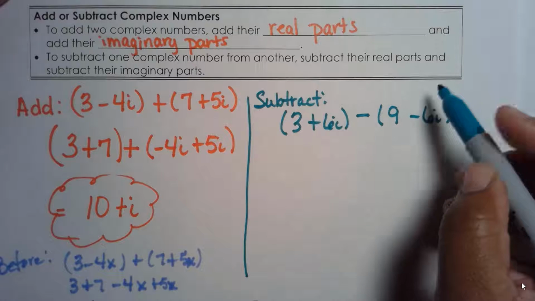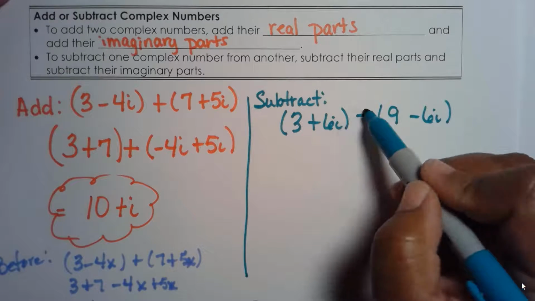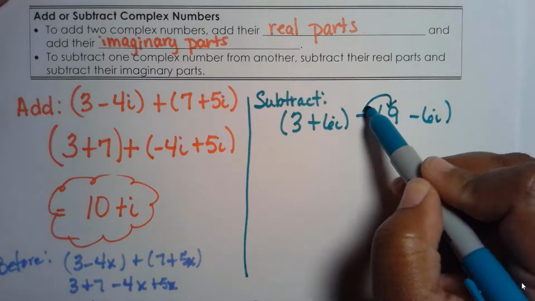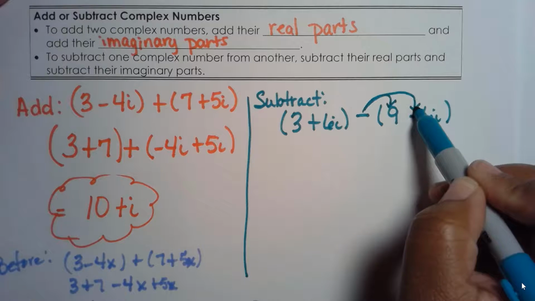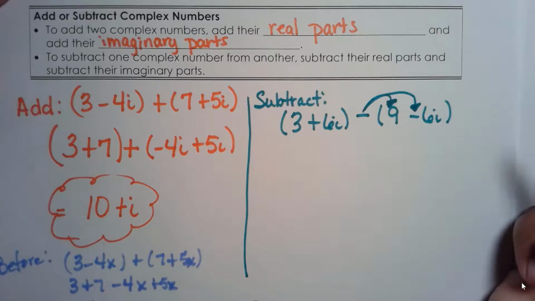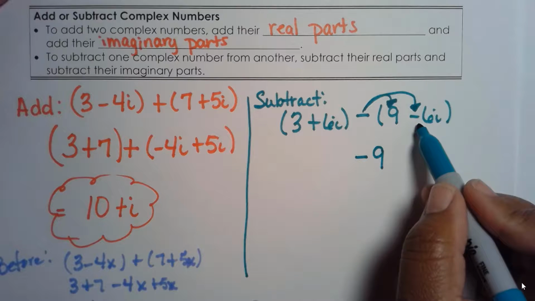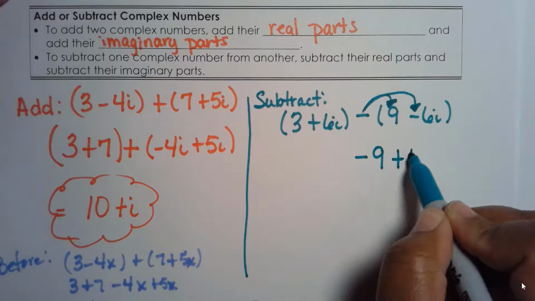But remember, with subtraction, when there's a minus sign between two parentheses, you want to distribute that minus sign to the number of terms that you have in the second parenthesis. So this 9 becomes a minus 9, and this minus 6i becomes a plus 6i.